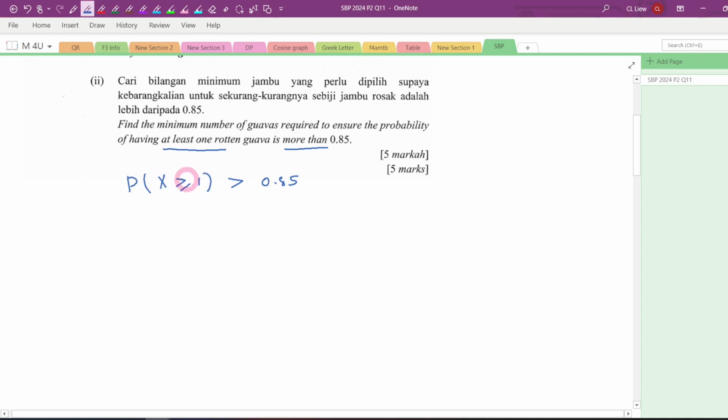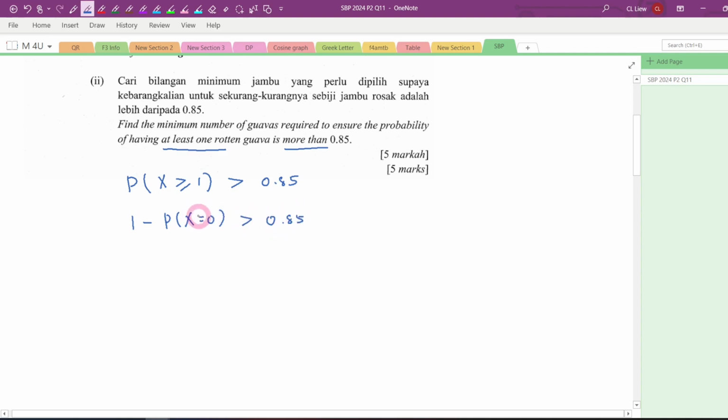Okay, so this actually means 1 minus P(X = 0), right? We don't want 0, so the rest, okay. At least 1. It can be 1, 2, 3, 4, and so on. But 0 we don't want.